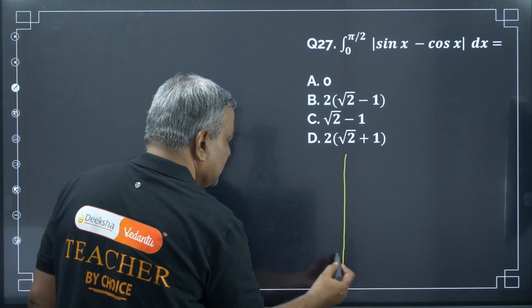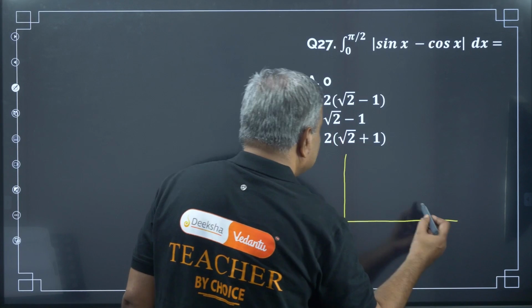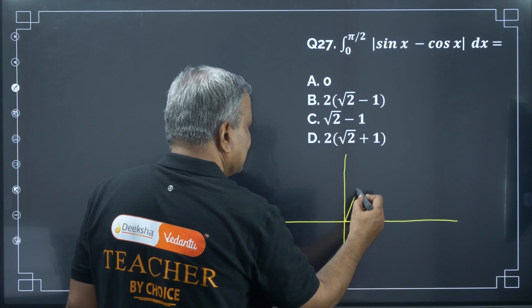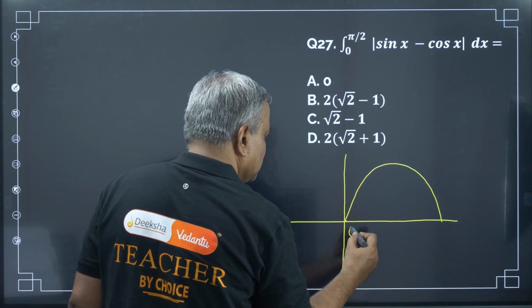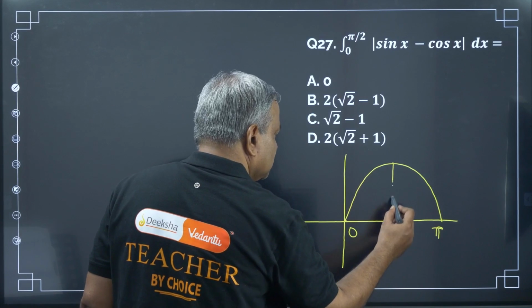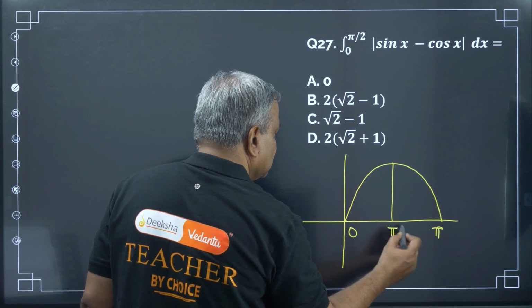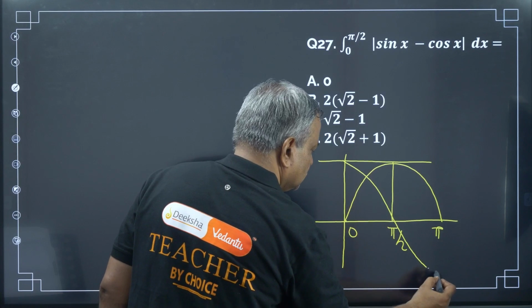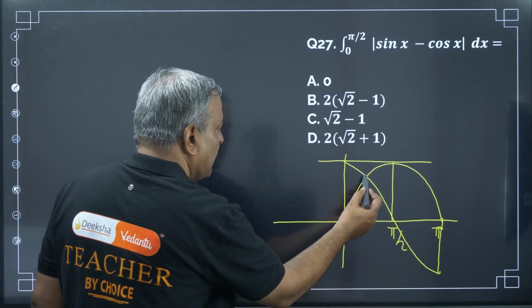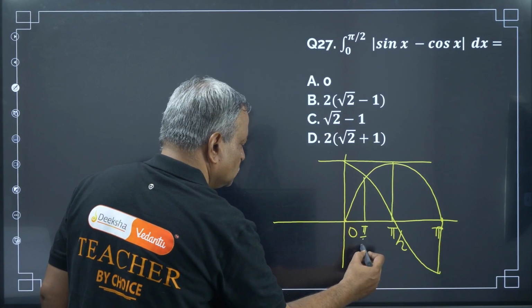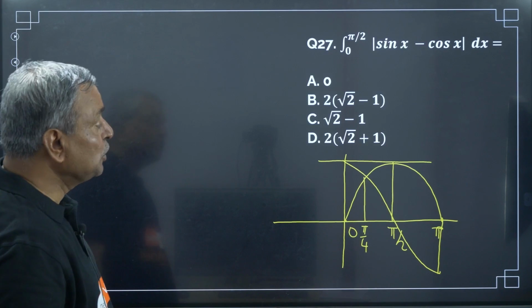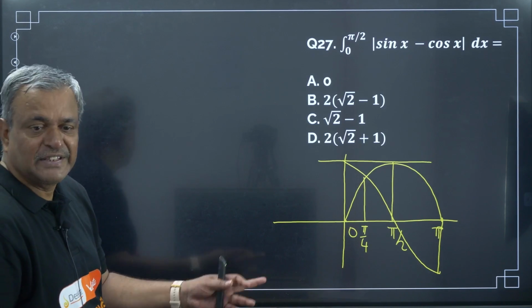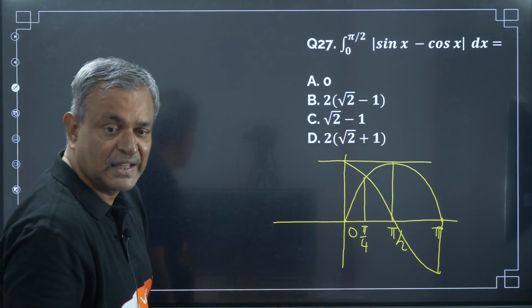For this, I will make you aware of how they ask the question. This is the sine graph. 0, pi, this is pi by 2. And this is the cos graph. This is pi by 4. From 0 to pi by 4, cos is more than sine.